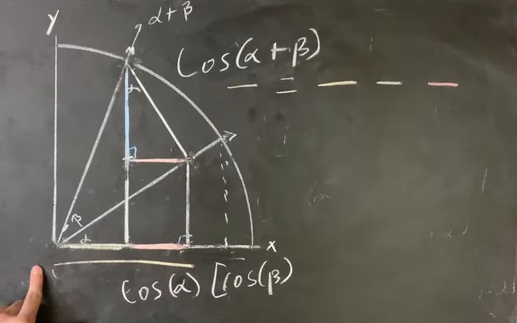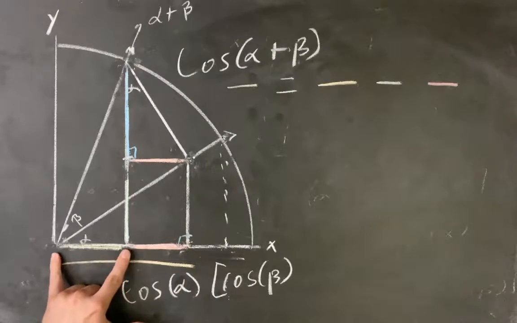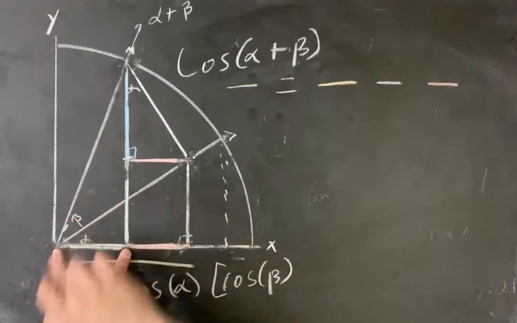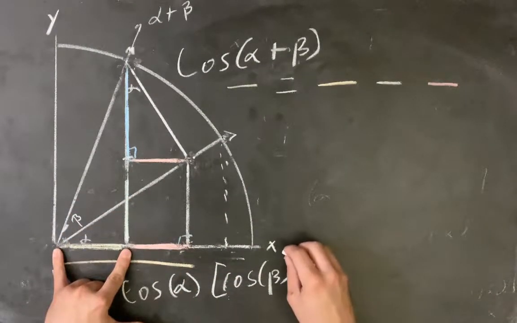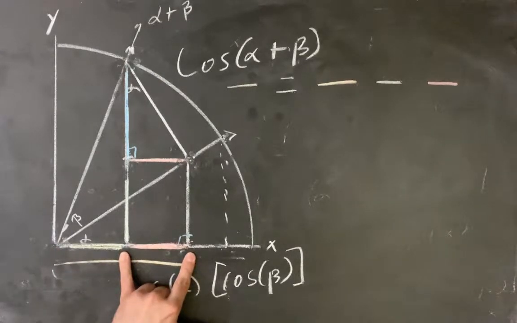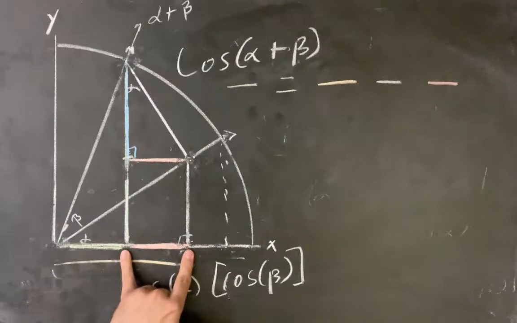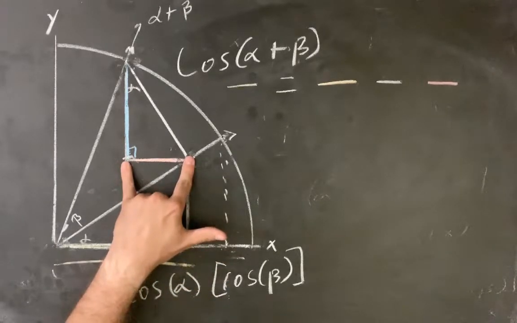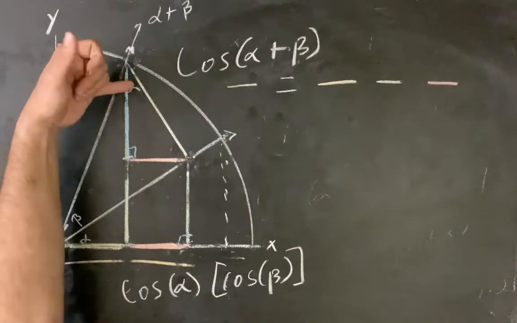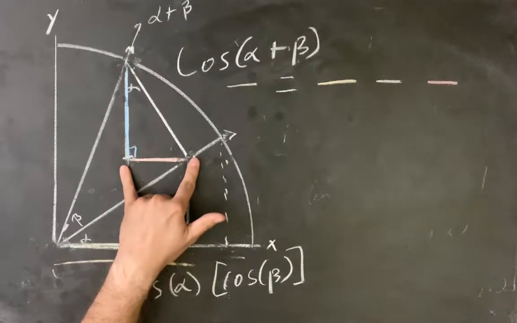Okay, so now we have this orange length. Now we need to subtract this red length here because we only want the length here, which is the x component of the ray that's formed by angle alpha and angle beta. And so how do we find this small length here? Well, it looks kind of weird and you might not be able to find it, but we know this length is congruent and the same as this length here. So if we look at this length here, and we know this is angle alpha, this angle alpha has this sine length here.